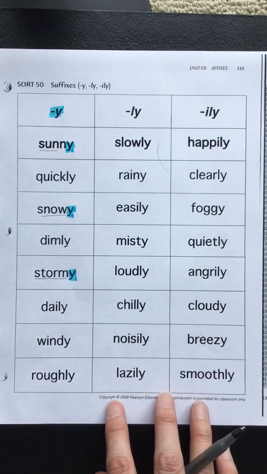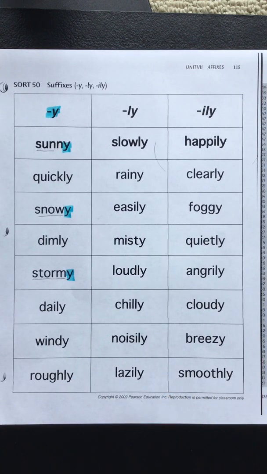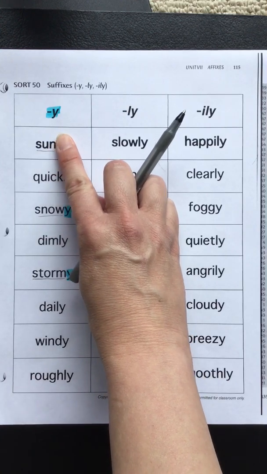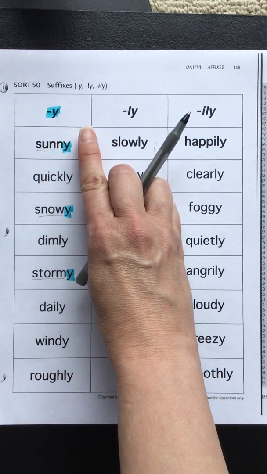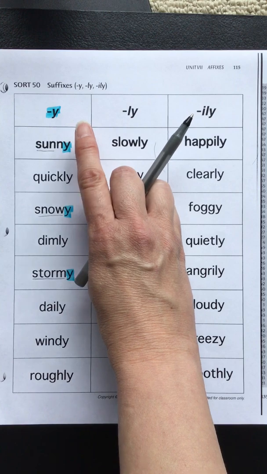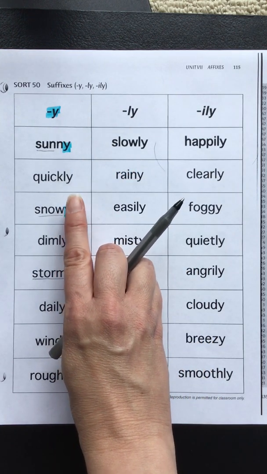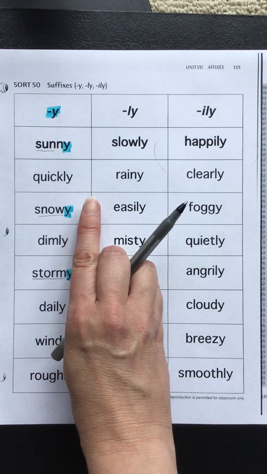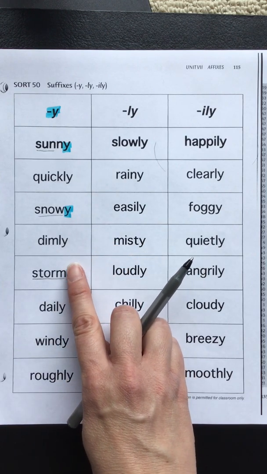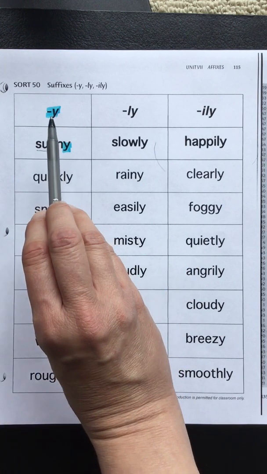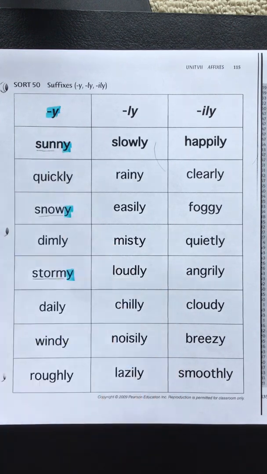All right, so that's adding y, and when we add y to the end of the word, it turned the word sun, which is a thing, into sunny, which is an adjective. It turned the word snow, which was a noun, into an adjective, snowy. It turned the noun storm into the adjective stormy. So that's the purpose of adding the suffix y.